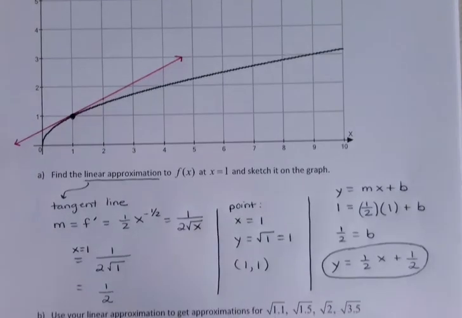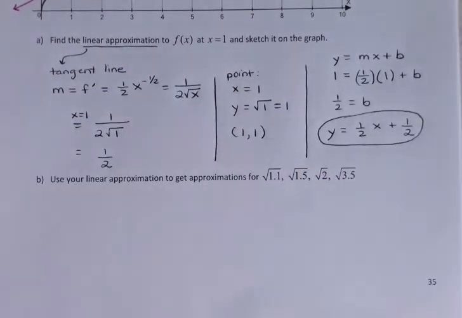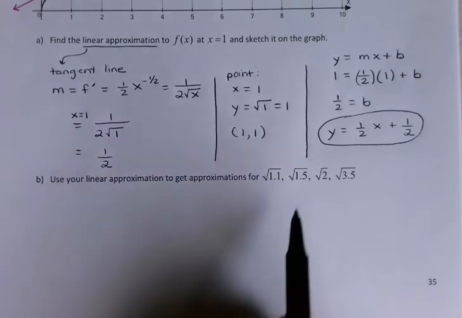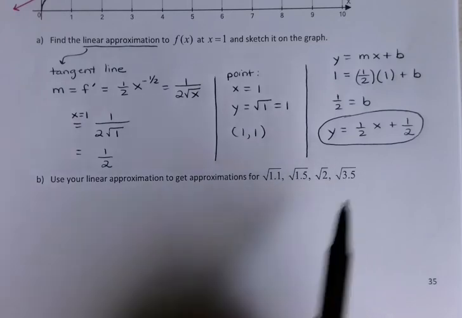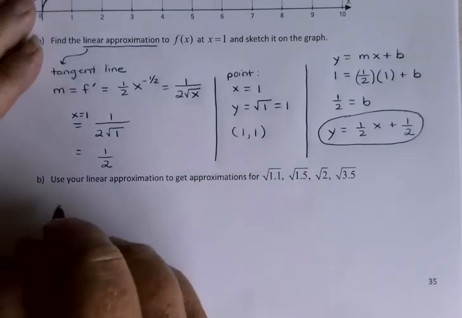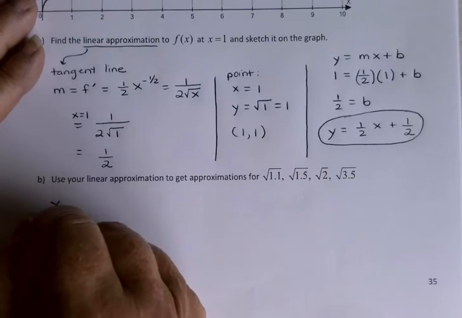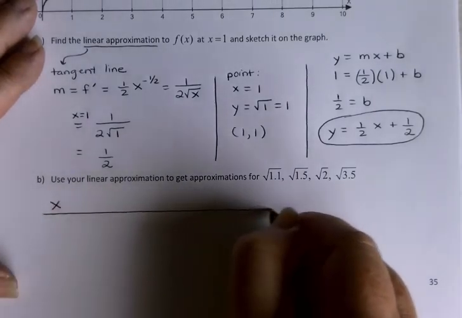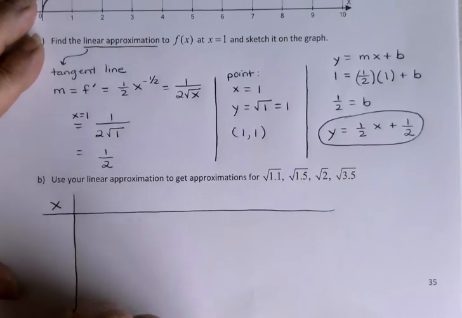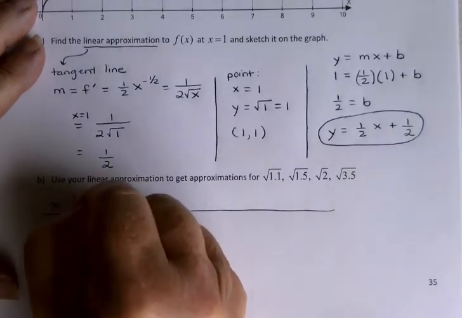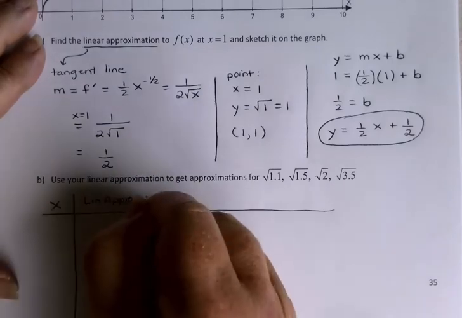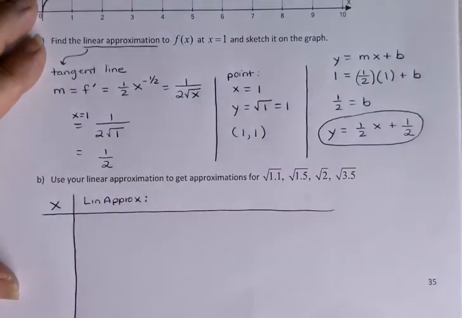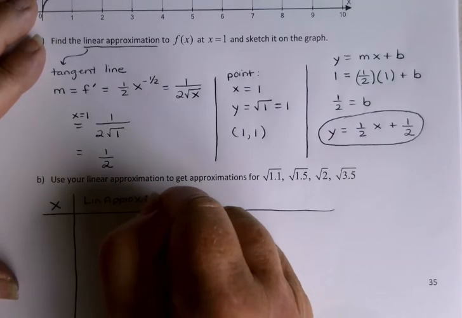All right. In part B, it says use your linear approximation to actually get approximations for the square root of 1.1, 1.5, 2, and 3.5. So let's go ahead and for each x value, I'm going to do the linear approximation, which we just calculated. That was y equals 1/2 x plus a half.